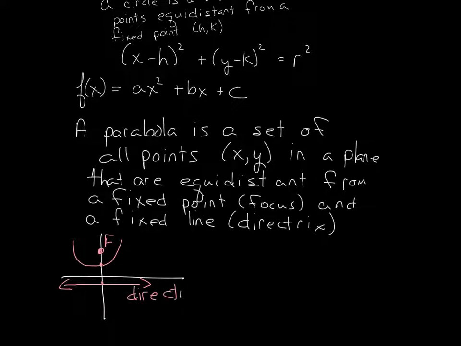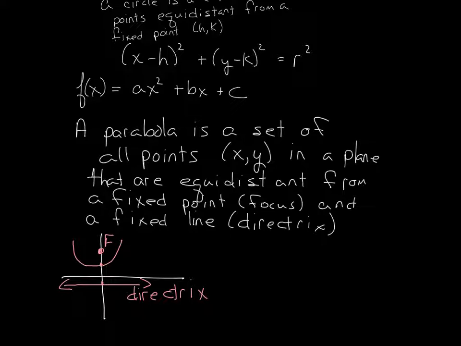So the focus is in like the direct middle? The focus, we're going to see in a minute, we call this distance from the vertex to the focus P. And the distance between the vertex and the directrix is also P. The vertex is halfway between the focus and the directrix.